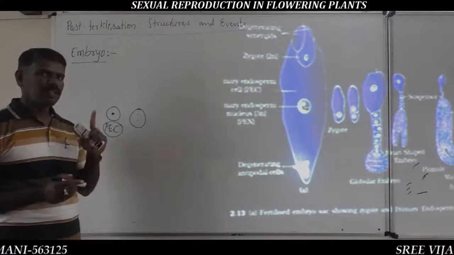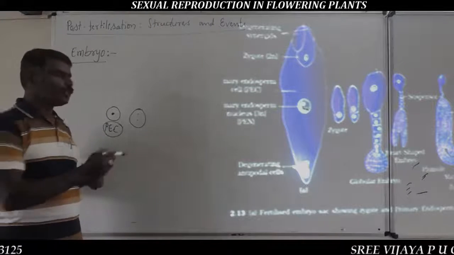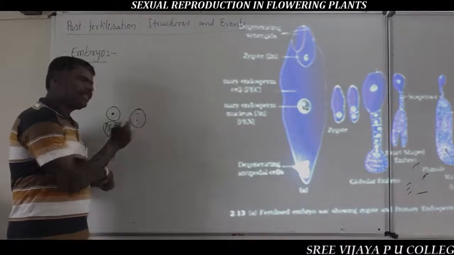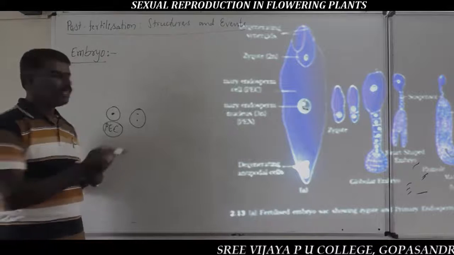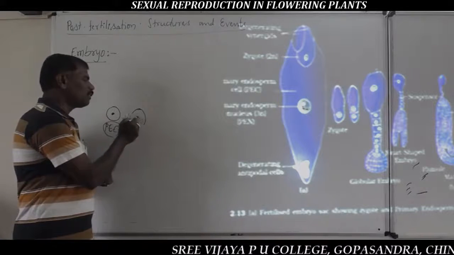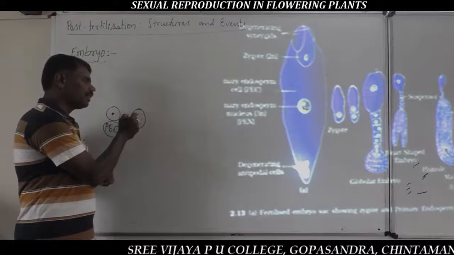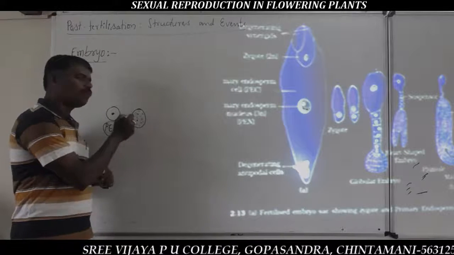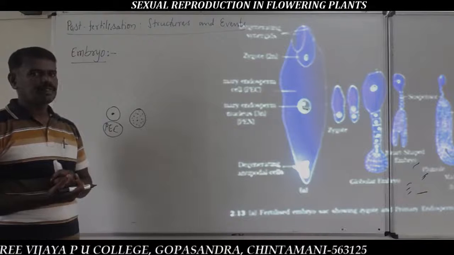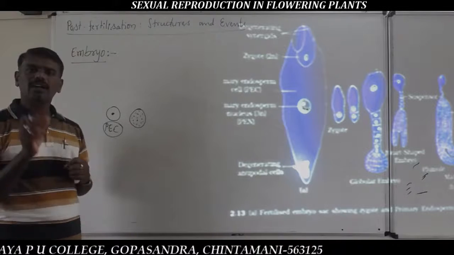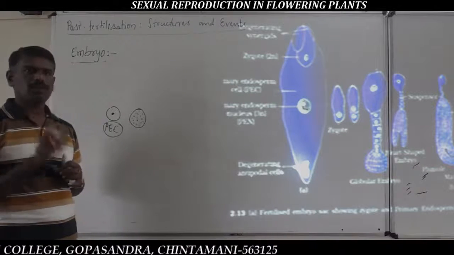In nuclear endosperm, the nuclear division is not followed by cross wall formation, so a mass of nuclei is formed. It is also called free nuclear endosperm.